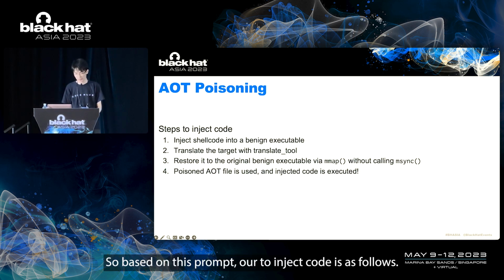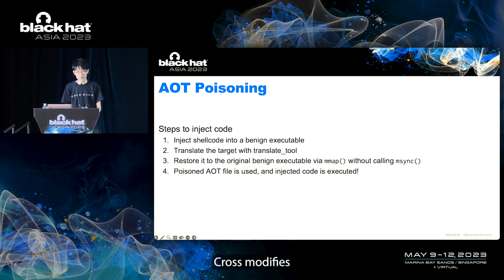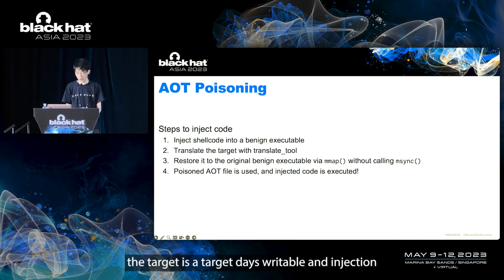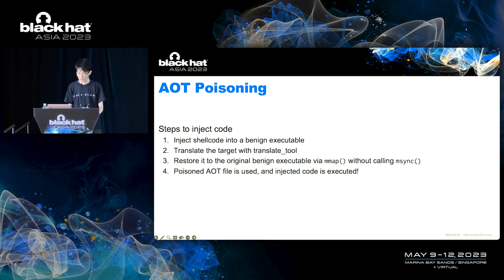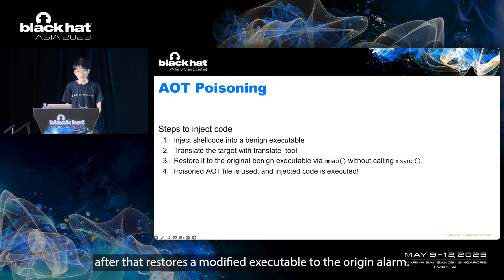So based on this, our plan to achieve code injection is as follows. First, modify the target executable and inject shellcode into it. Then create an AOT file of it using translate. After that, restore the modified executable to the original one.